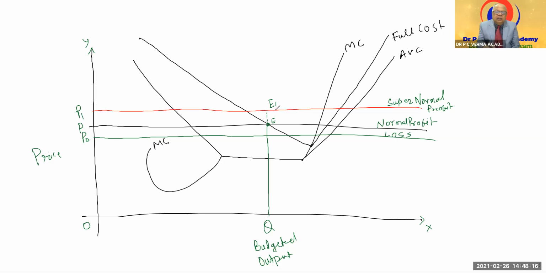And if price falls to F, there will be loss.